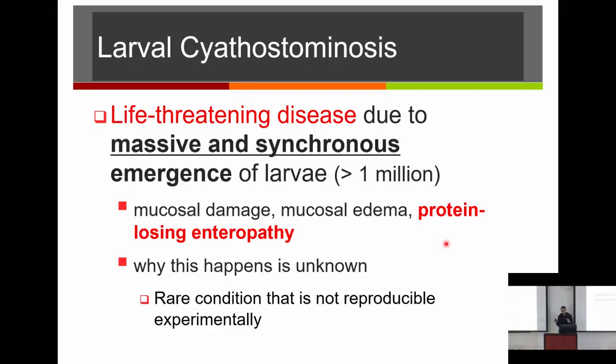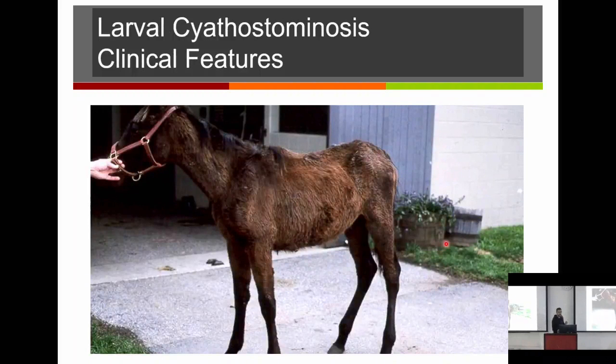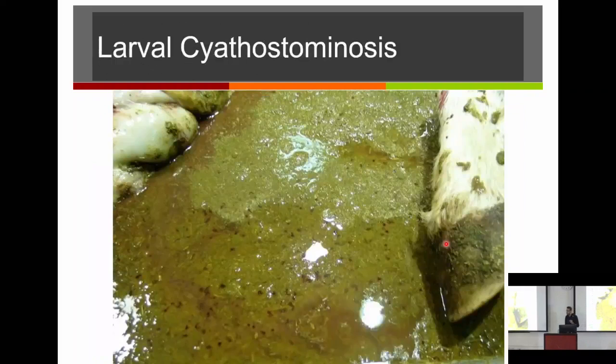The reason is unknown, and the condition is also very rare, not seen all the time. The clinical features in this case are more severe as compared to encysted larval cyathostomosis. This one causes a very, very severe disease in horses, and the horse becomes emaciated within days.